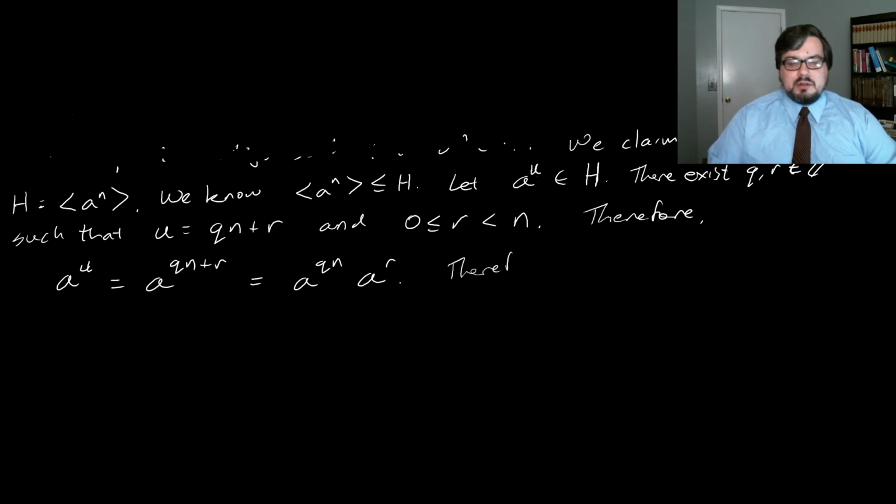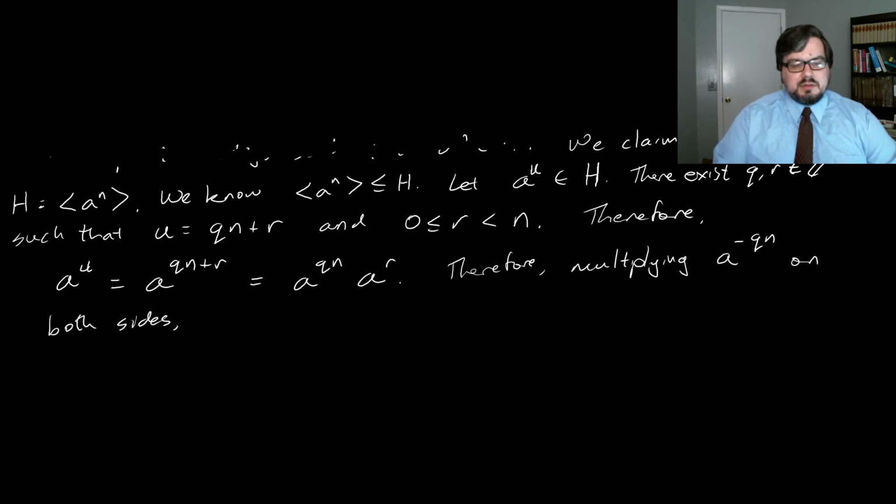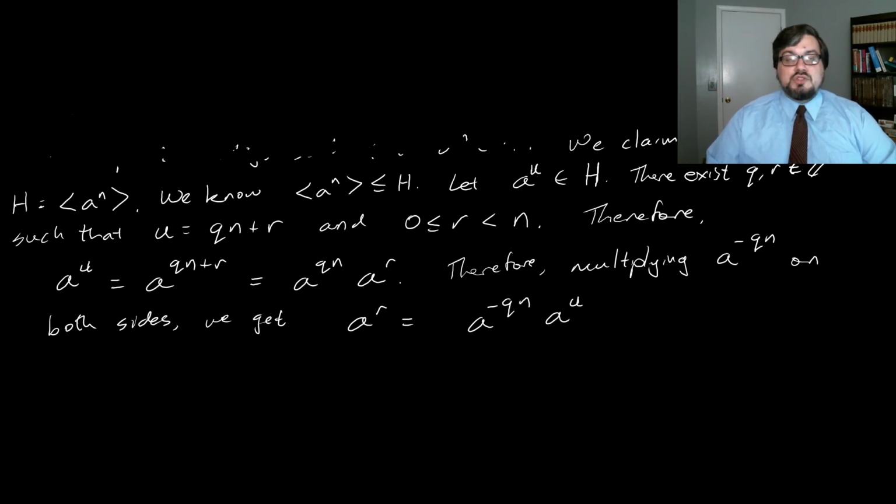Therefore, if we multiply a to the minus qn on both sides, we get a to the r equals a to the minus qn times a to the u. So I'll write that as a to the n to the negative q times a to the u.